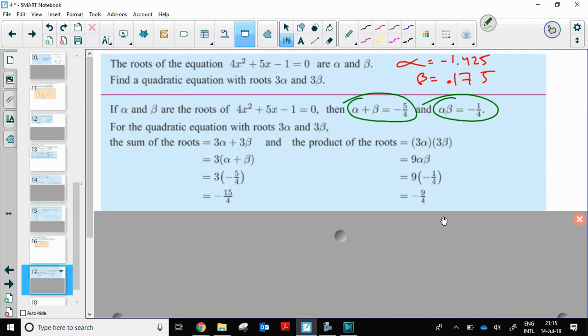Conveniently, notice that the denominator of both of these happens to be the same thing. That's always going to be the case because when we took the sum and the product of the roots of the original, it's always going to be divided by the original a term. We're going to exploit that now to rewrite our new equation because it's going to have that same a value.